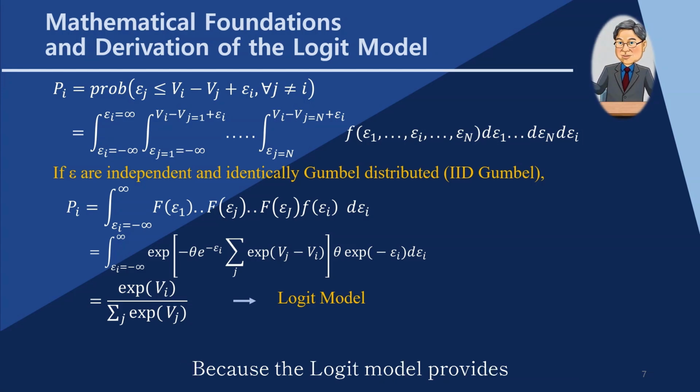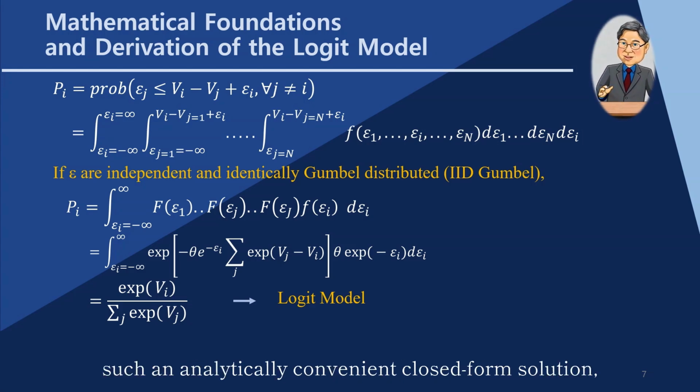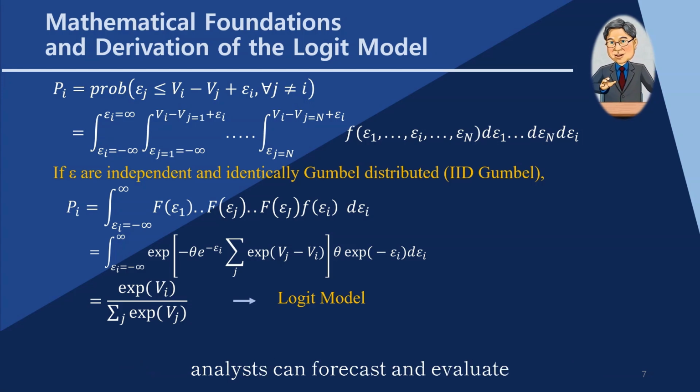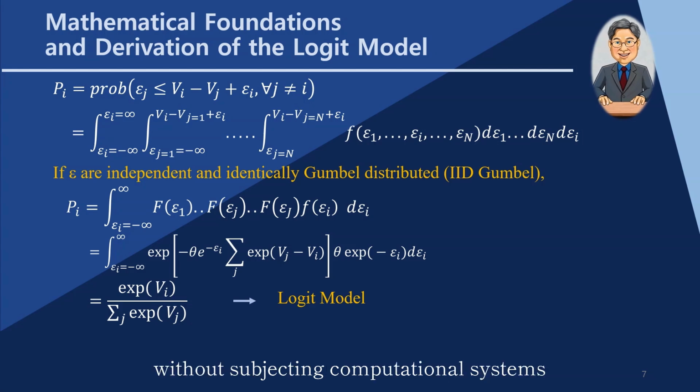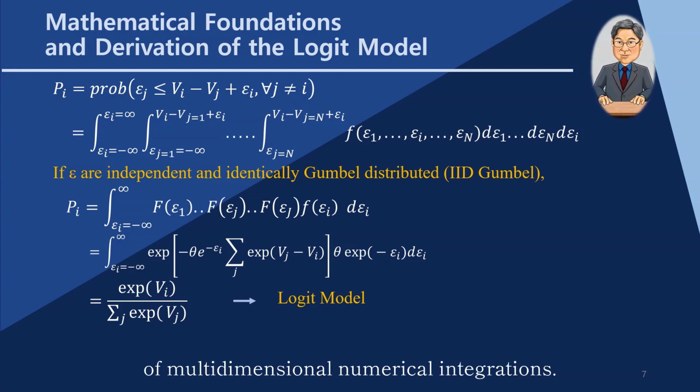Because the Logit model provides such an analytically convenient closed-form solution, analysts can forecast and evaluate transportation mode choice behavior with high efficiency and speed without subjecting computational systems to the extreme burden of multidimensional numerical integrations.